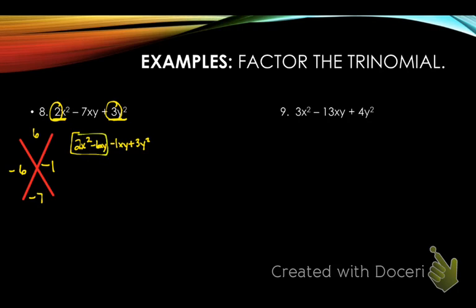and figure out what can I factor out. Okay, I can factor out a 2x, and then what am I left with? Well, I'm left with x minus 3y. Remember, x minus 3y should be now in the back parenthesis. And then it's just, what do I need to fill in the middle?